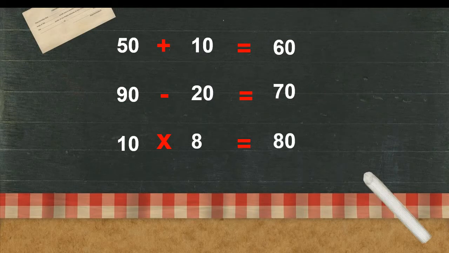Now we see that we use math in French. 50 plus 10 égale 60, 90 moins 20 égale 70, 10 fois 8 égale 80.